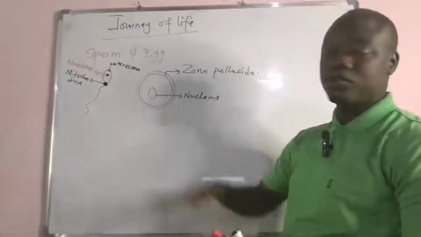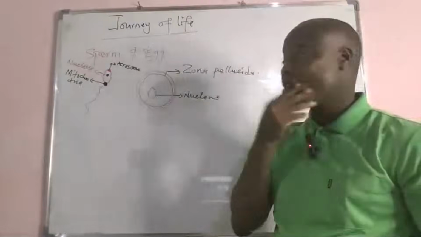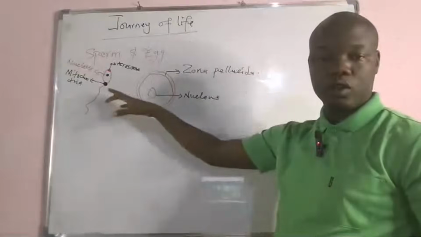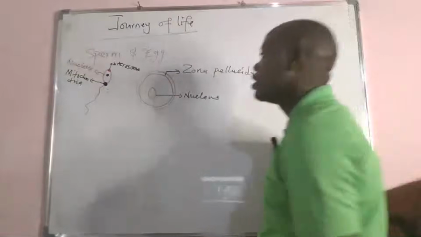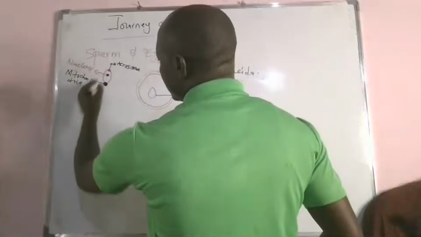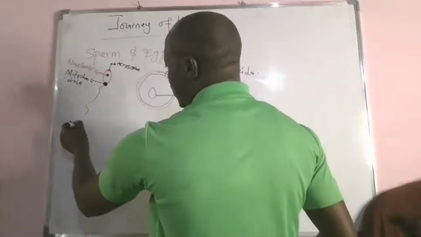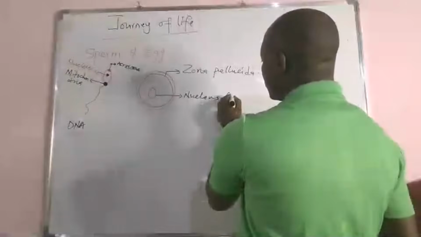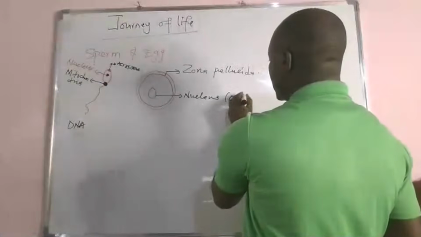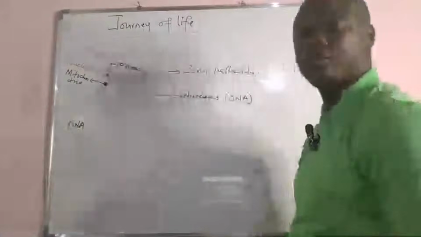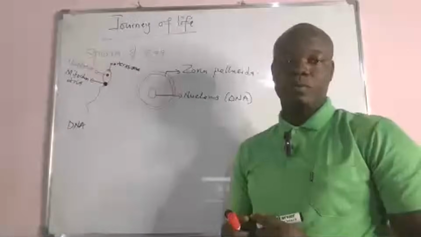And of course, from our last discussion, we discussed that in the nucleus we have DNA. So here there is also DNA, and also in the nucleus of this there is also DNA. And I also want to tell you something very important, ladies and gentlemen.